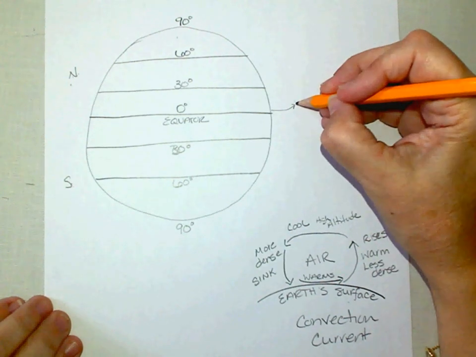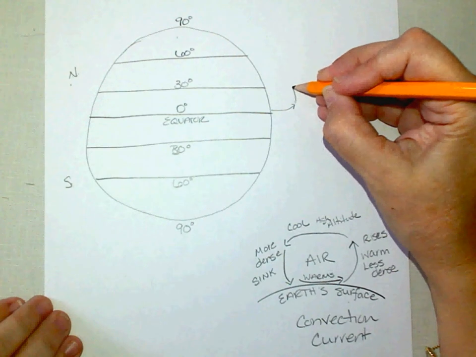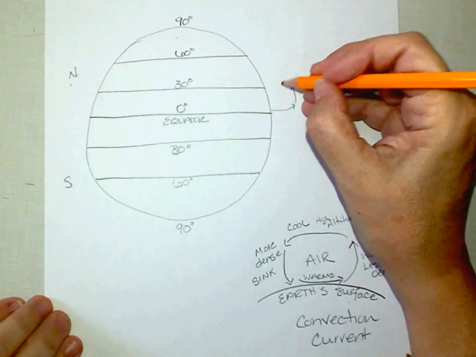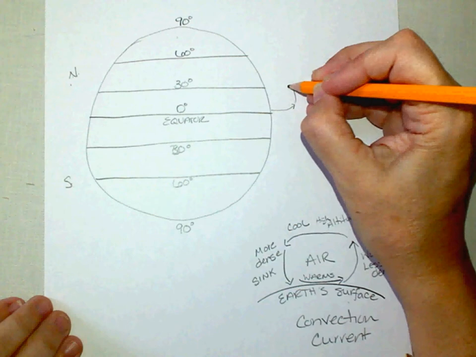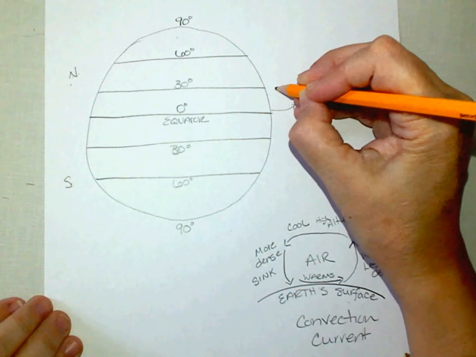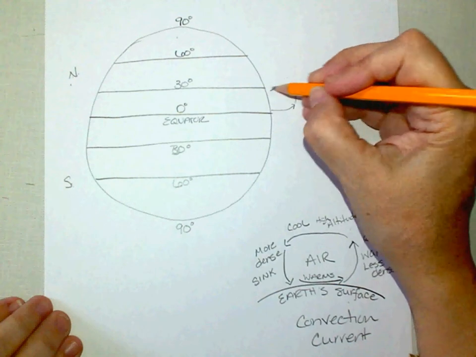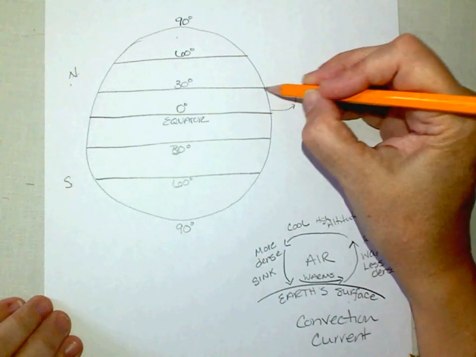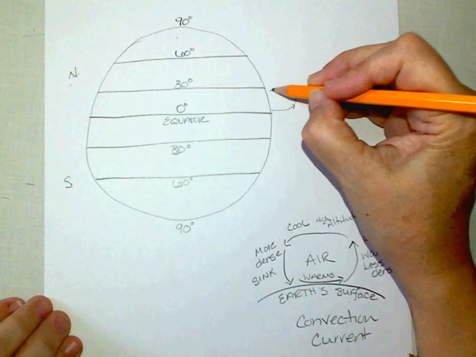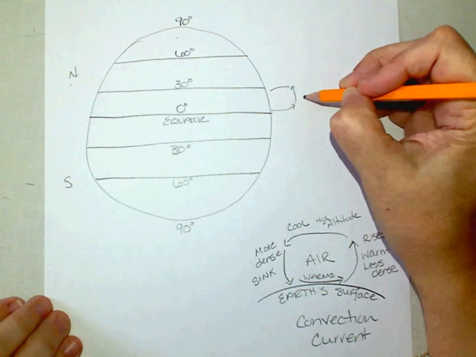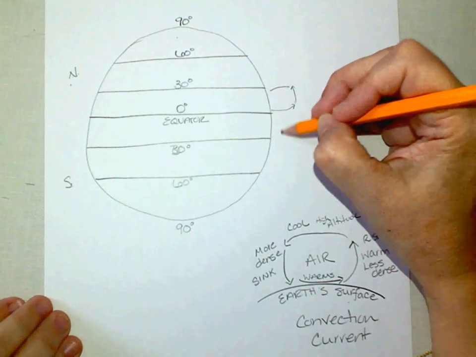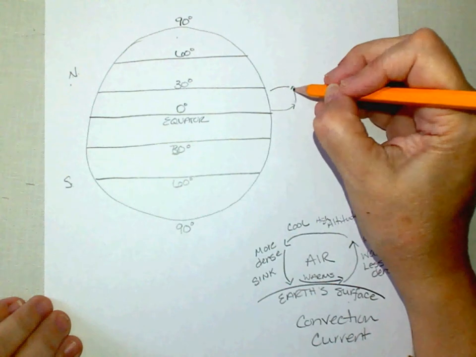As it's up here at the higher altitude, it starts to cool off, becomes more dense, and it doesn't travel very far. It happens to do this right at this 30-degree latitude. It travels that far, all of the heat dissipates off at higher altitude, it becomes more dense, and it begins to sink.